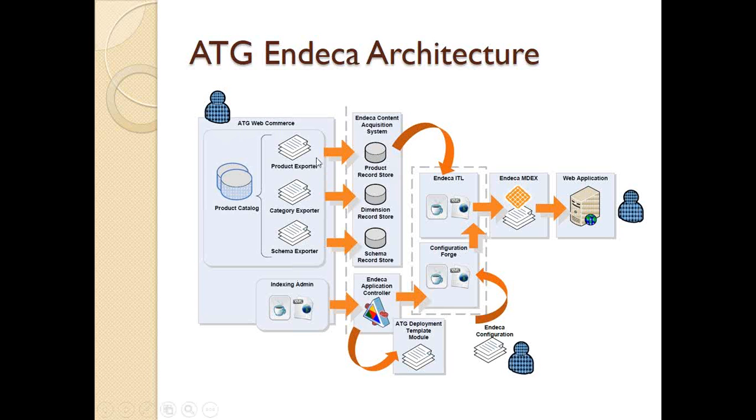Okay, so all this information is passed to the Endeca content acquisition system, that is cache. Inside this cache, record stores are created. A record store is nothing but in-memory data for the cache system. After data is pushed into the record store, cache does the Endeca ITL operation, and then it is passed along with the set of configuration from Endeca Experience Manager for indexing.